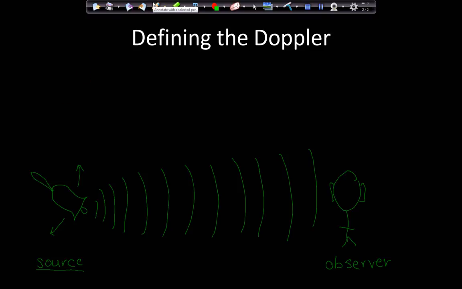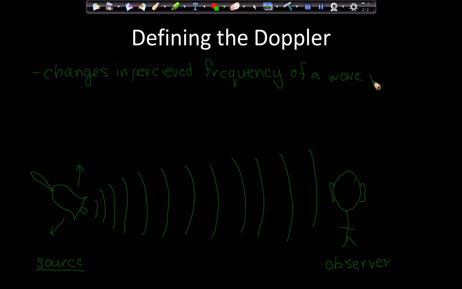What the Doppler effect does is it explains the changes in the perceived frequency of a wave when the observer is moving relative to the source.